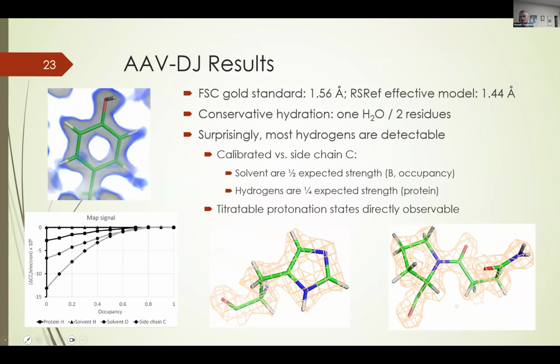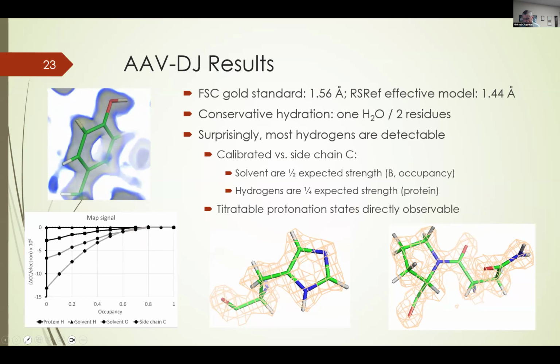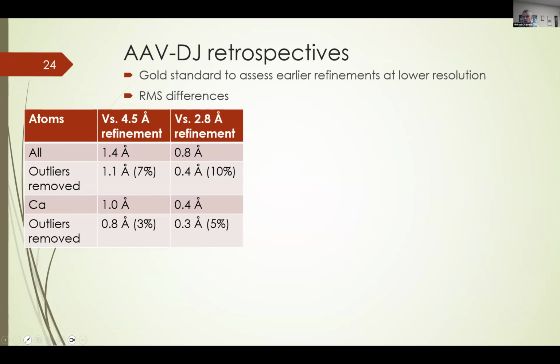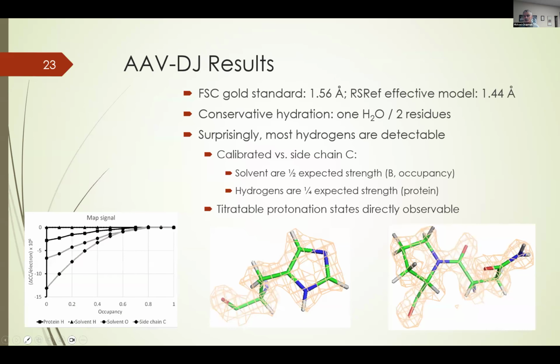And what I can tell you is that we can also do pKa calculations, and in all 7 cases, we find that what we have observed by electron microscopy is what would be predicted by a pKa calculation.